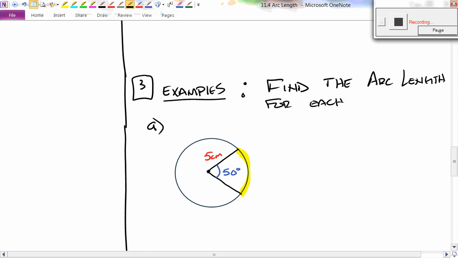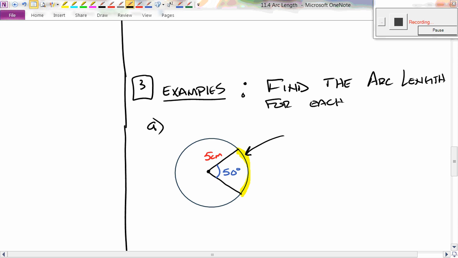Okay. We're going to find the arc length. We have a circle with a radius of 5 centimeters, and we have a central angle of 50 degrees. The question is, how many centimeters is just the arc length here?